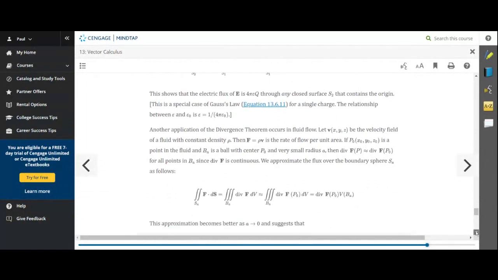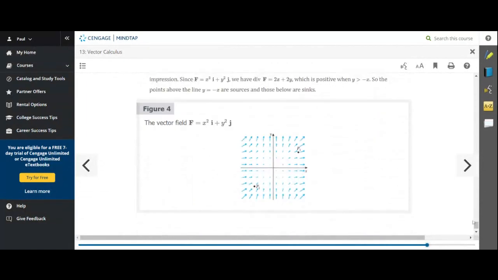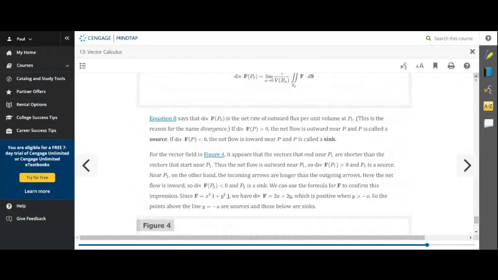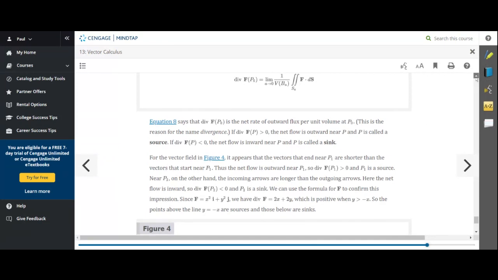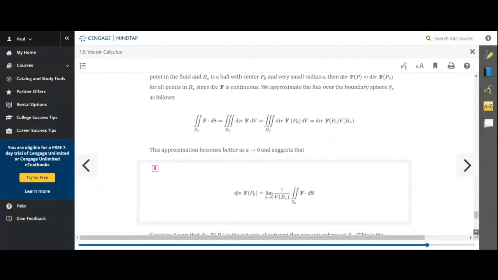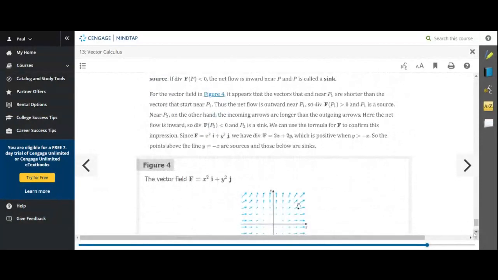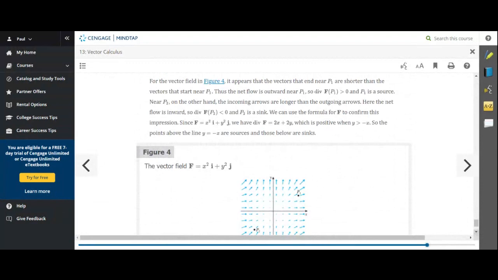Something else I wanted to point out here: how many of you have heard the term sources and sinks? That's sometimes a common term. I mean, it comes up.